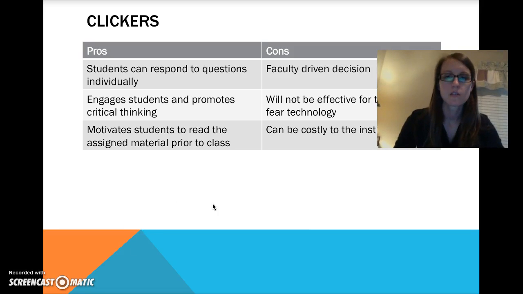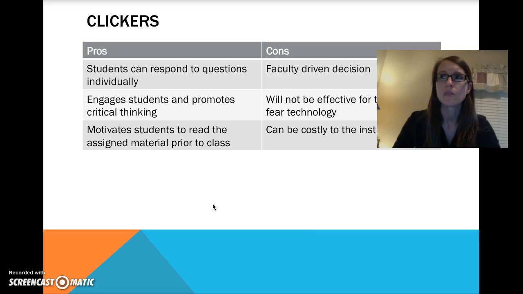The cons of using clickers is it's a faculty-driven decision, and it's also not effective for teachers that fear technology if they don't know how to use it. And even though it's fairly easy to use and to get it working, some faculty just resist change, resist technology, they won't be able to implement the tool to where the students can learn better.